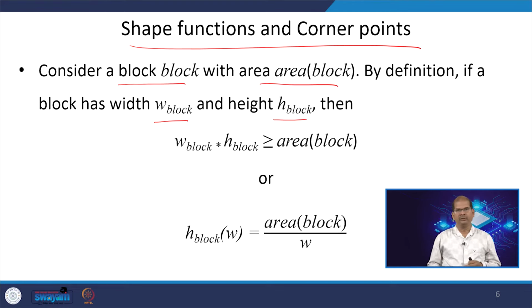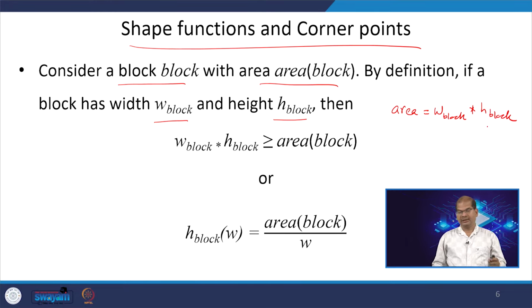We will see how some wastage occurs. Here, area should be equal to W of the block multiplied by height of the block. But the area of the floor plan can be greater than this; this is the lower bound.